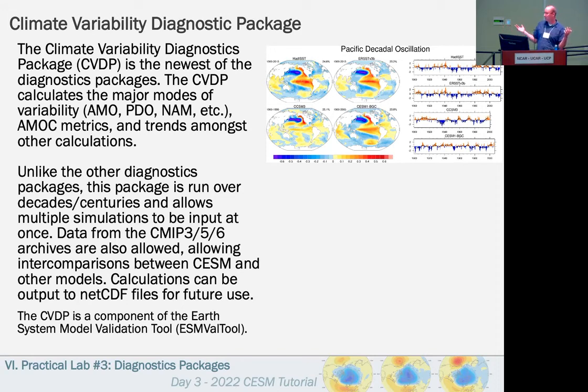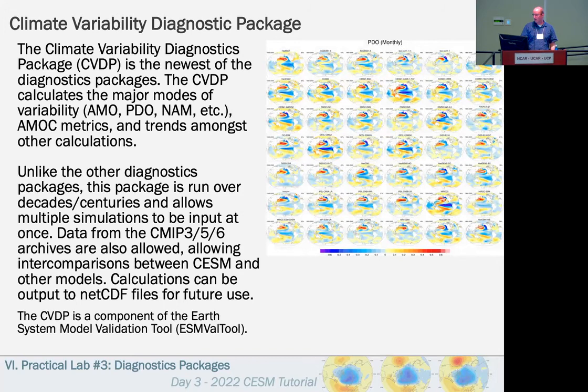Like the PDO, the ENSO, the NAO, the AO, the AAO. It used to be the AMO. Anything. It also provides things like time series and trends, etc. It's part of what's known as ESMValTool, if you're used to that.